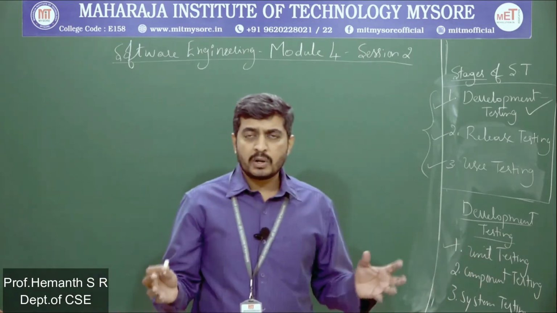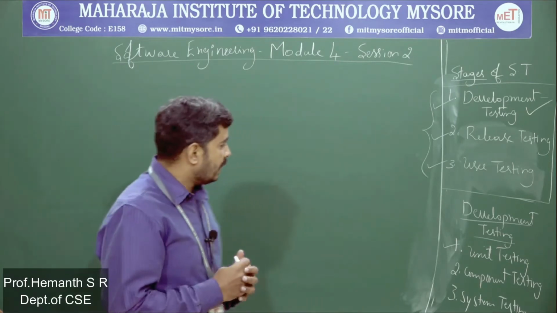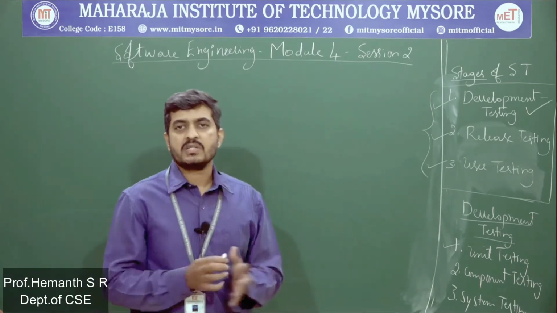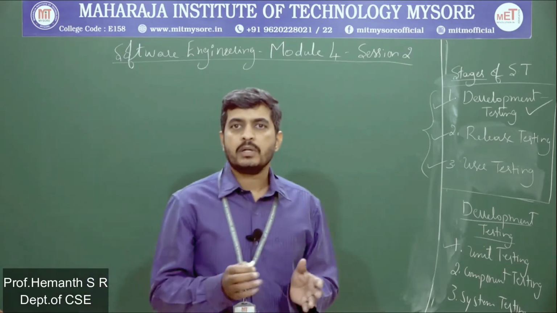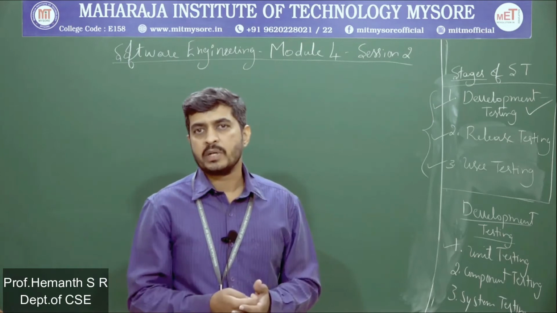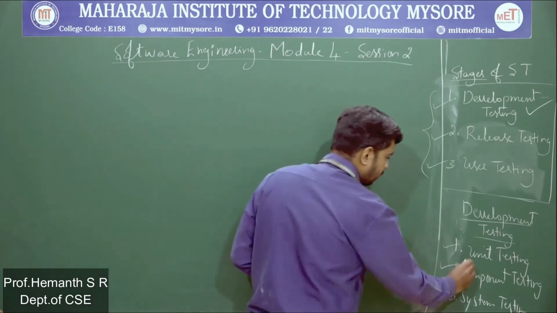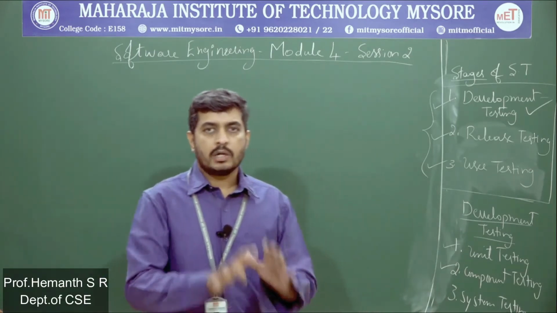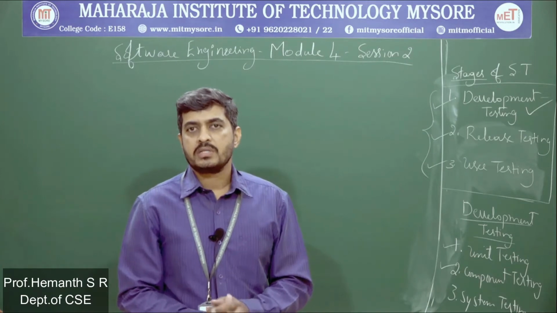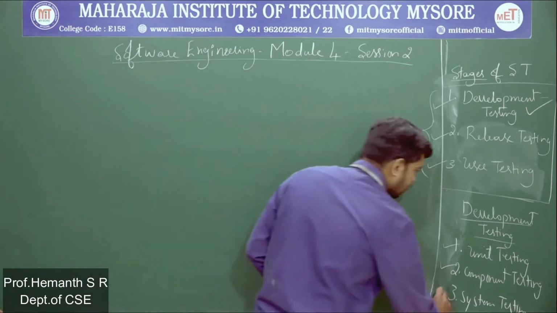Smaller units combined together will become a component, and you can have multiple components in a software. We can test the working of one single component, or the interaction between different components, which we call component testing. The last one is integrating all the components and testing the system as a whole. That is what we call system testing.